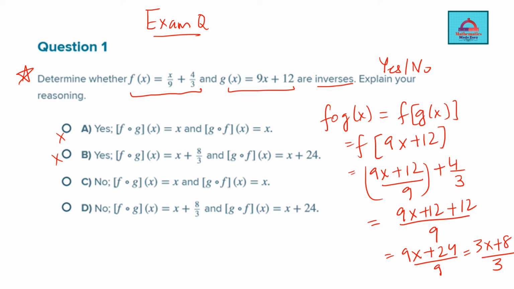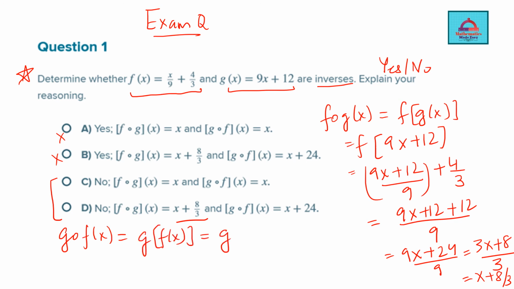These two options cannot be true. The answer is one of these. And if you see your f∘g(x), divided by 3, it comes out to be x plus 8 by 3. So this is going to be the correct answer, but let's be doubly sure by finding g∘f(x) also. So g of f(x): put the value of the function f(x), which is x/9 + 4/3, and now in function g you put this value.